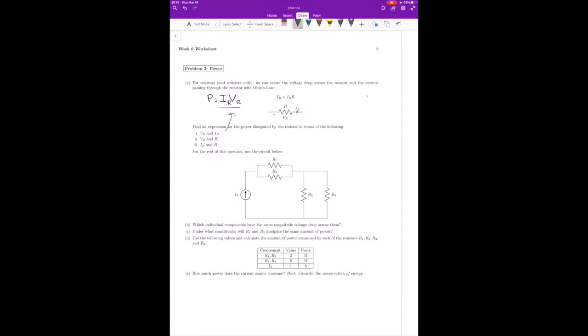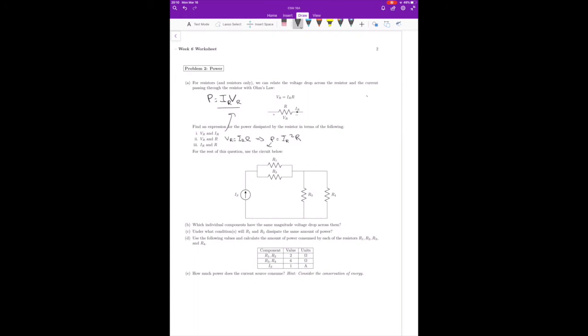For this, all we're going to do is rewrite the voltage in terms of the resistance. So we know that VR is equal to IR times R, and so that gives us that P is equal to IR squared times R. Oh, sorry, they wanted VR and R. Okay, I did the next one.